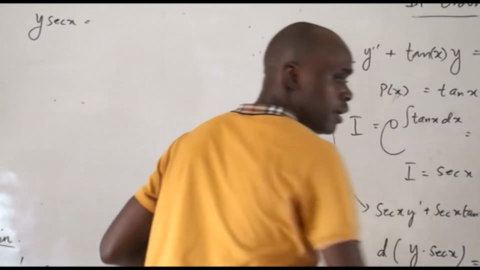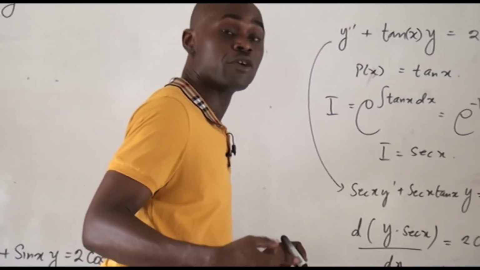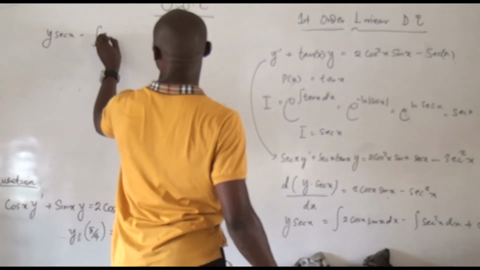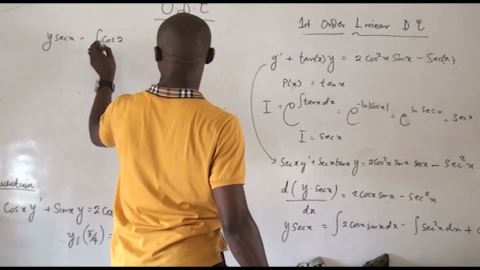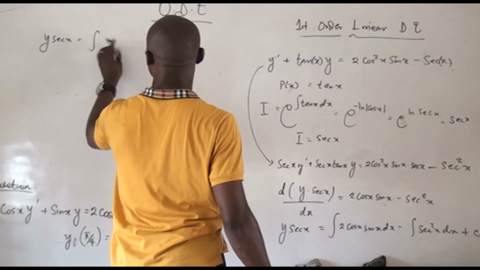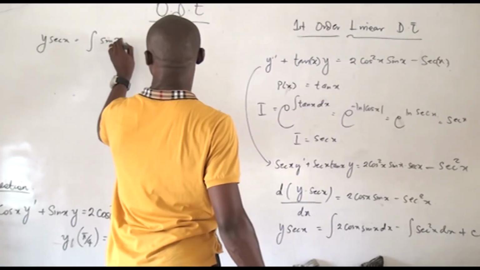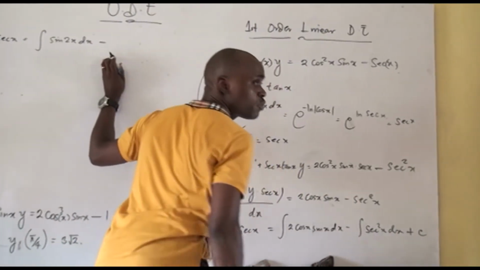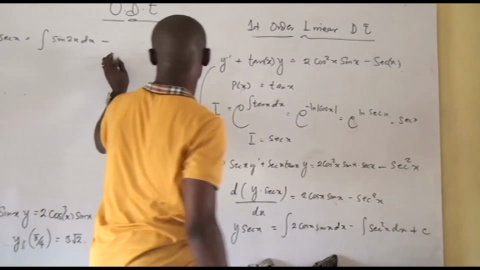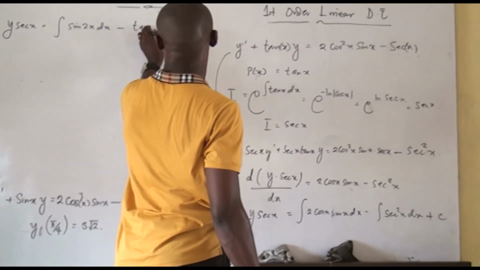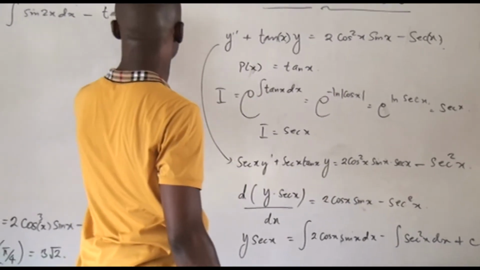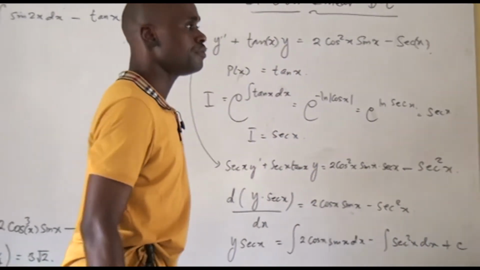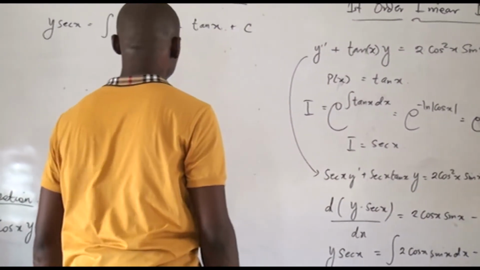This is simply, according to the trigonometric identity, 2 cos x sine x is simply sine 2x. So take note, you can verify that. And the integral of sec square x is actually tan x. That is quite interesting.